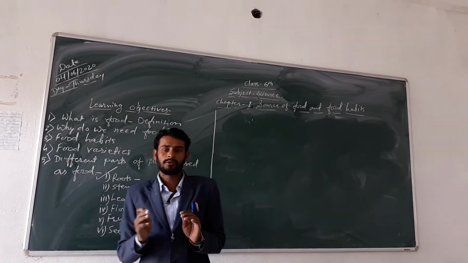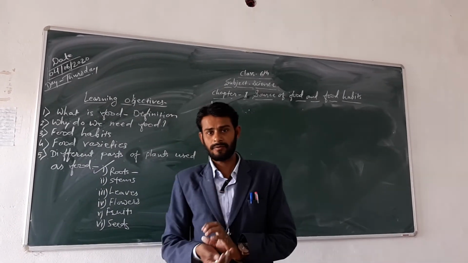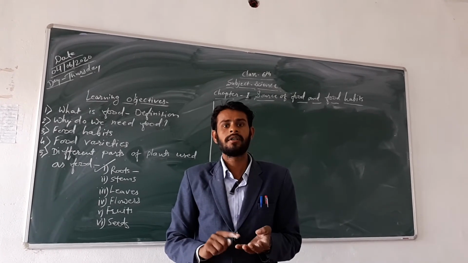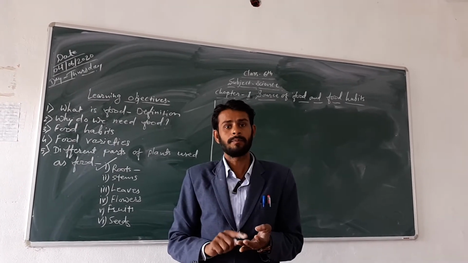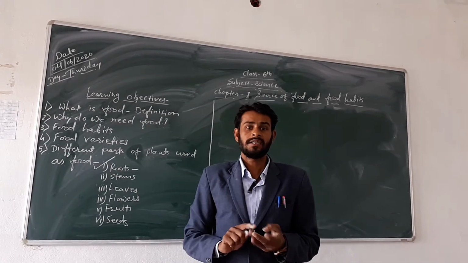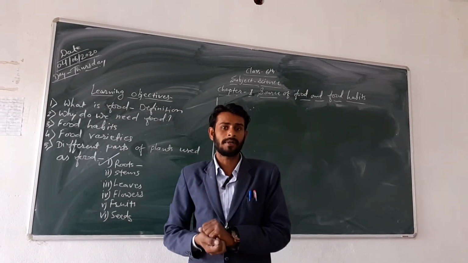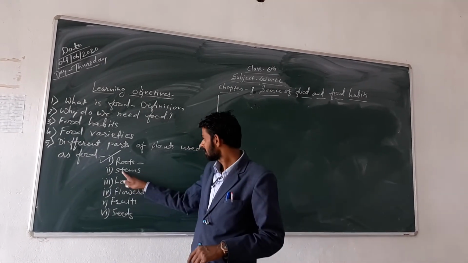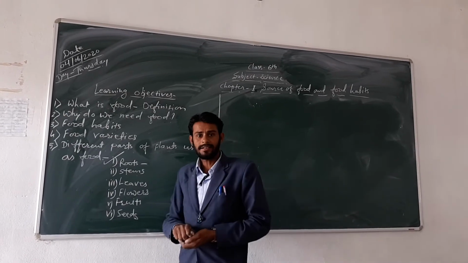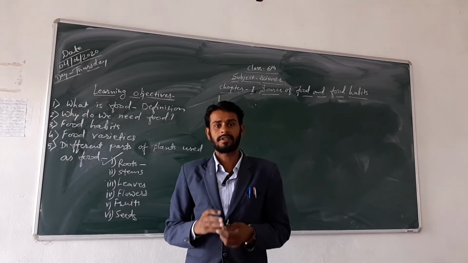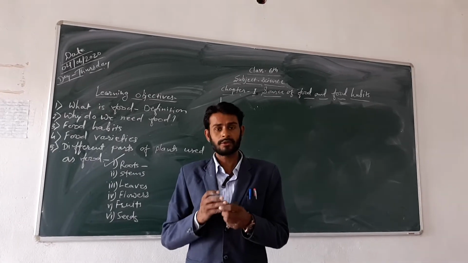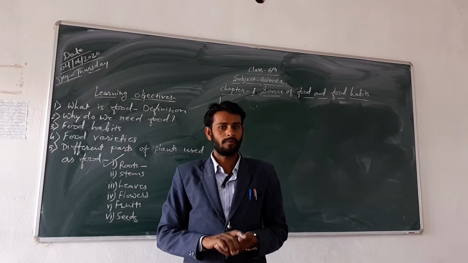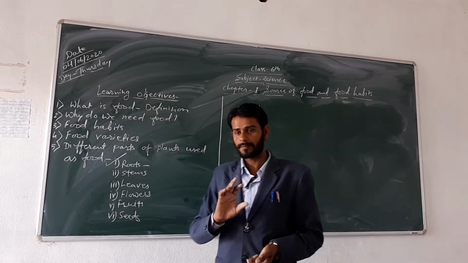Students, roots that are used as food are sweet potato, turnip, radish, carrot, beetroot, etc. These are the root part of the plant which are used as food. Next is stems. Stem: onion, garlic, ginger, sugarcane, etc. These are the stem part of the plant which are used as food.